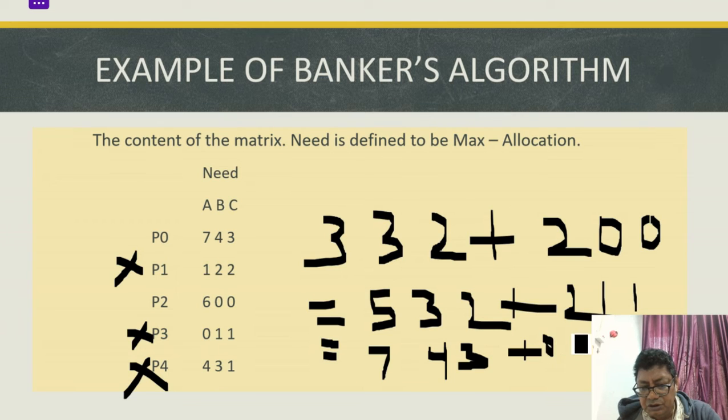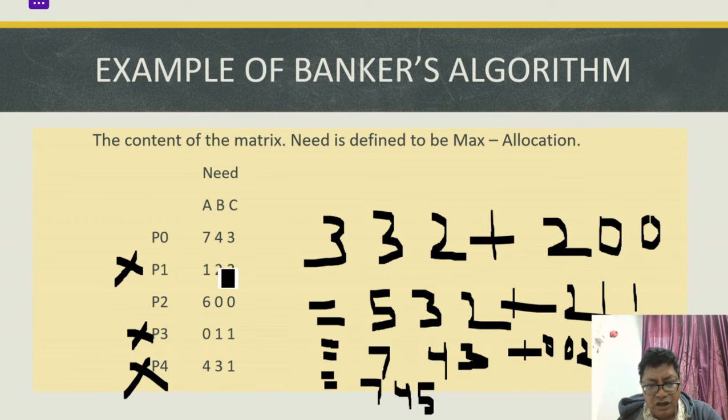Now what is our available resources value? 7, 4 and 5. 7, 4, 5. Because 7 plus 0 is 7, 4 plus 0 is 4, 3 plus 2 is 5.